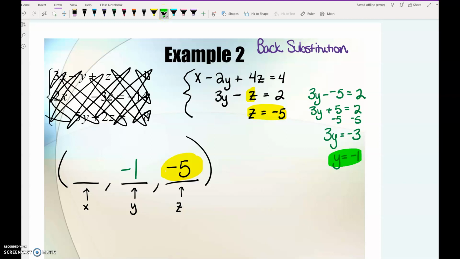Once we know that y is -1, now we can go to the equation we haven't used and put -1 in place of the y and -5 in place of the z, and then figure out what x is. So we have x minus 2 times our y value, -1, plus 4 times our z value, -5, equals 4.